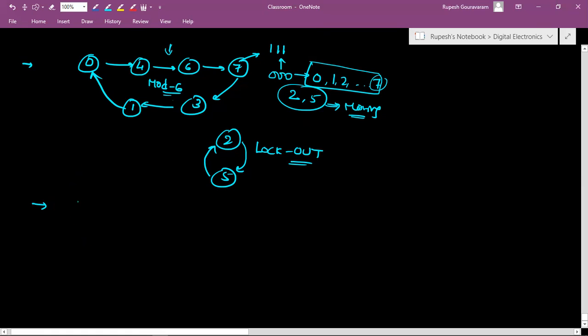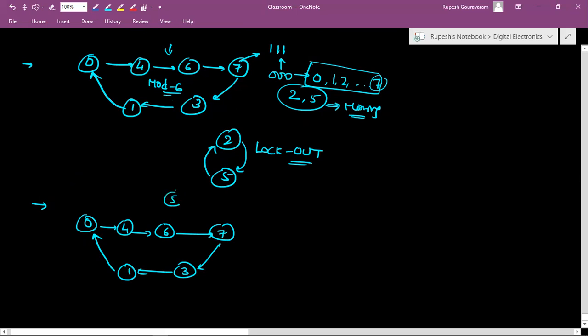Then let me say 0, then 4, 6, 7, 3, 1, 0. So from 5 it goes to 6, from 2 it goes to 3. So is this a self-starting counter or not?